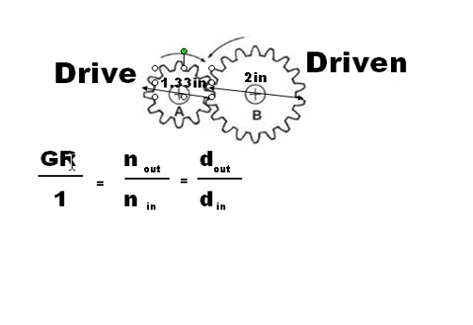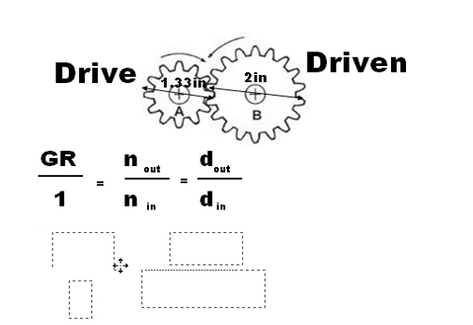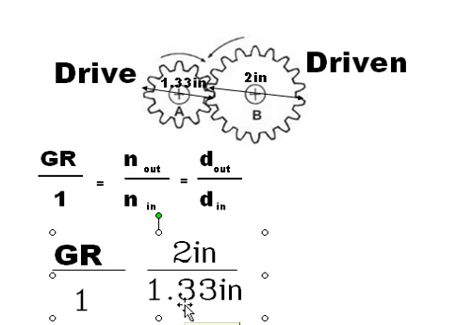Well, you use the formula GR over 1 equals D out divided by D in. So 1.33 is the D in, that's right here, it goes there. And the 2-inch diameter gear goes right here as D out.